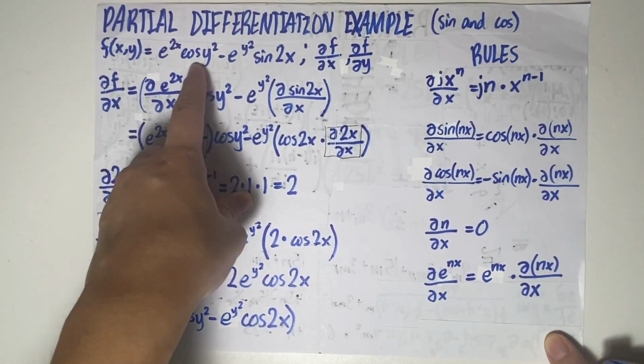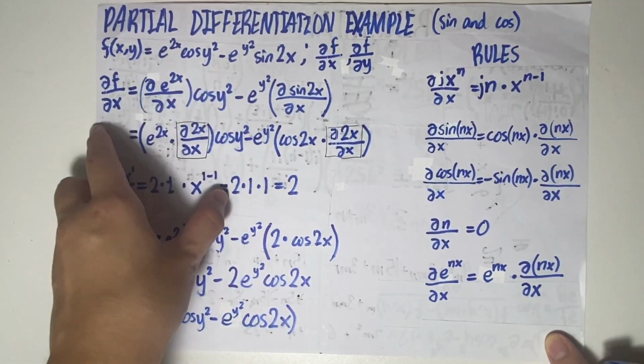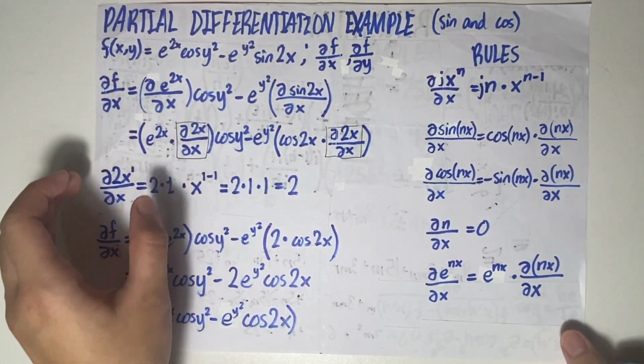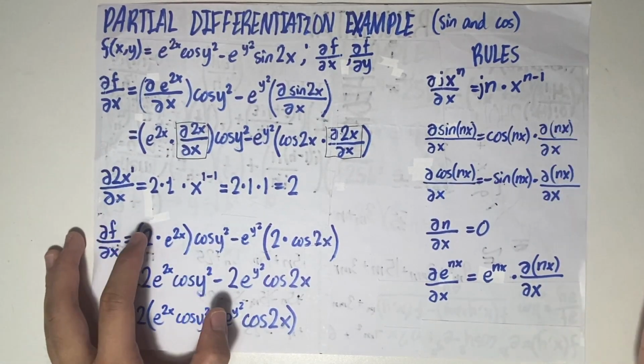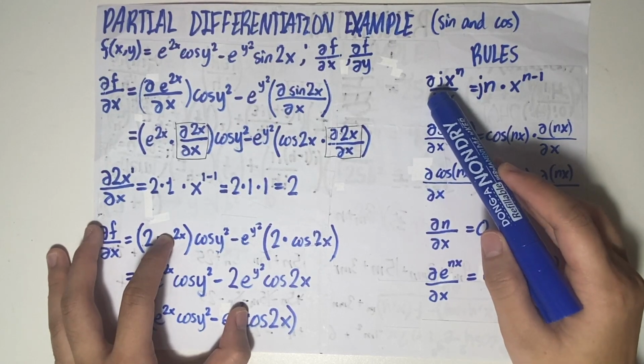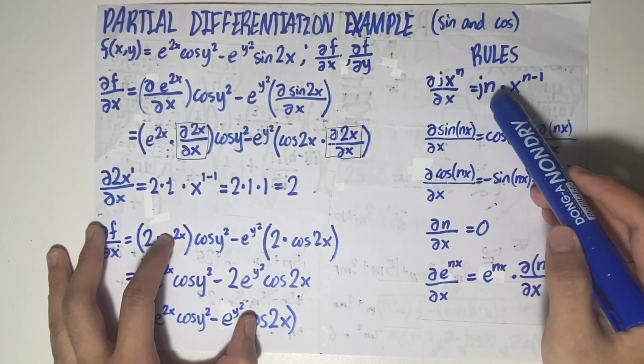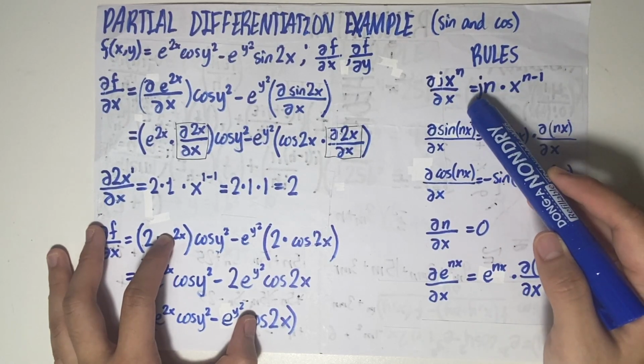Why? We are not deriving cosine y squared because that is not x. We are only deriving x. You'll remember that when a number is multiplied by a value that is being derived, we simply multiply it by the derivative.